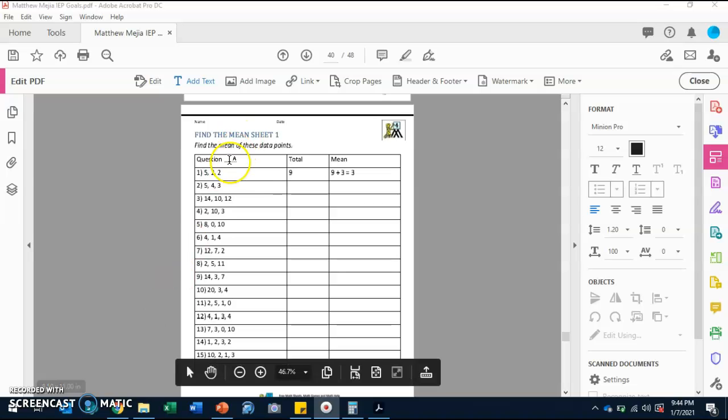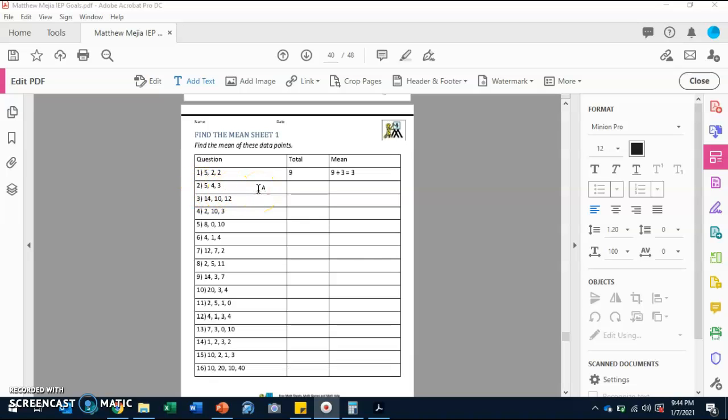They already did number 1 for us, so I will be doing number 2 with you, and you will be doing the rest on your own. For this worksheet, you will need a calculator. If you have one, please get it out if you haven't done so.